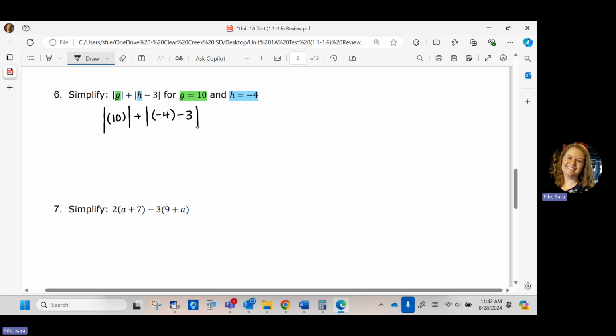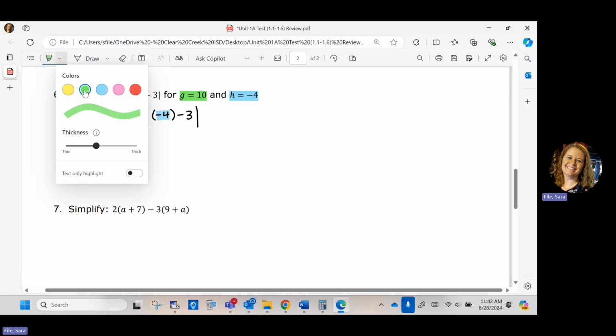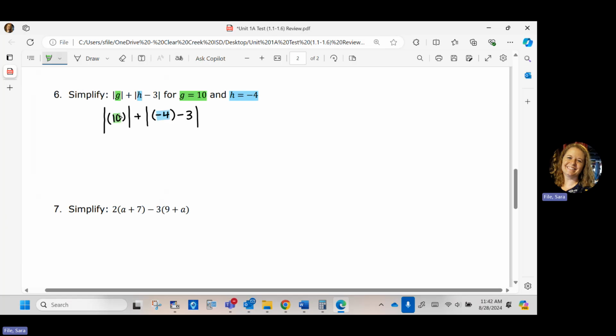All right, so I've got everything plugged in where it goes. I plugged in -4 for H, and I plugged in 10 for G. So now it's order of operations. Okay, so remember that your absolute value bars fall into grouping with parentheses so that you do what's inside the absolute value first before you do any multiplying or adding of numbers.